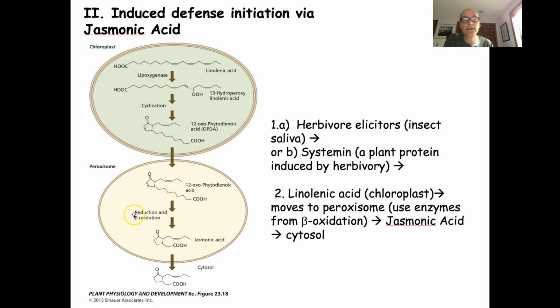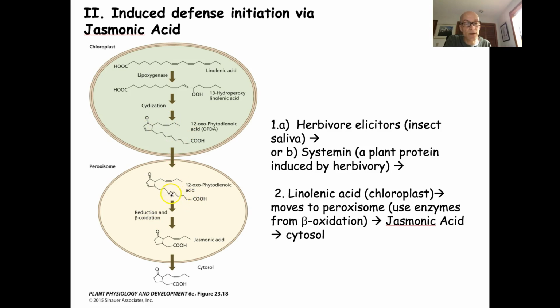So we talked about beta oxidation a little bit. Beta oxidation is used for the breakdown of fatty acids. And as you can see here, this starts with linolenic acid, which is a polyunsaturated fatty acid. And through a number of steps, it turns over and produces this circle, cyclization, and then is transported into the peroxisome, where the beta oxidation steps occur.